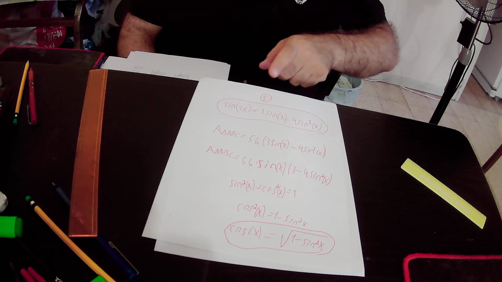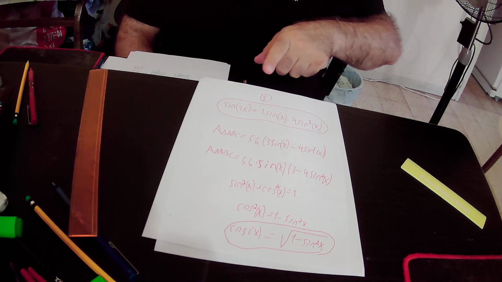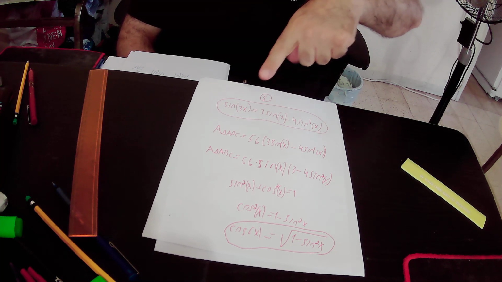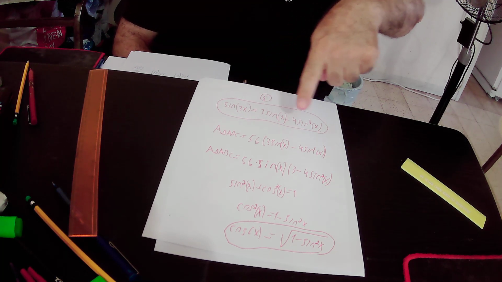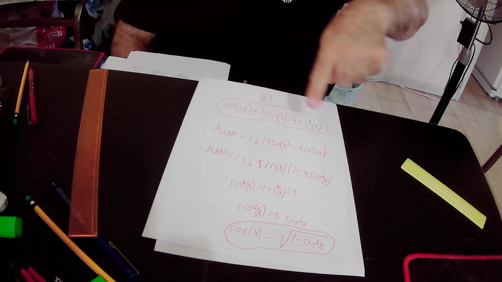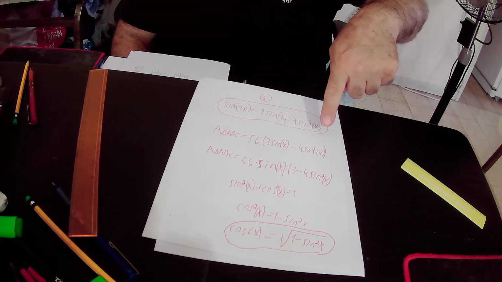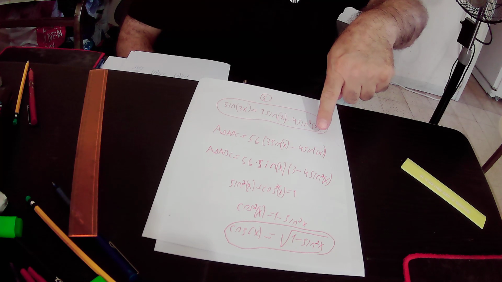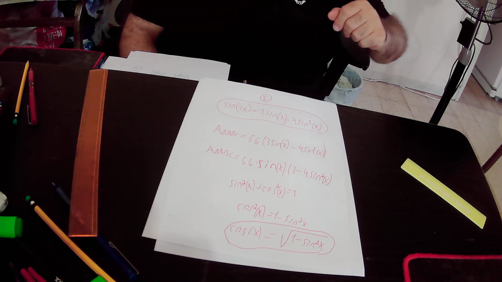Okay, and here we can take a common factor. So the area of triangle ABC equals 56 times (3 sine x minus 4 times sine x to the power of 3).